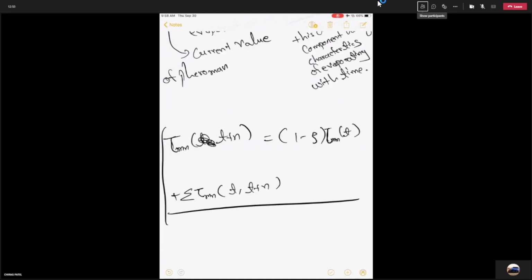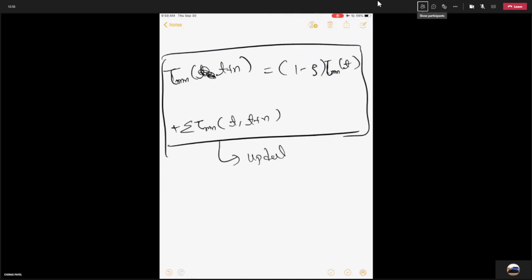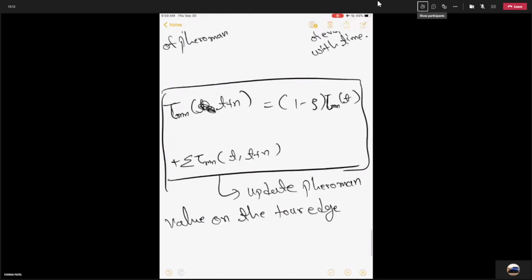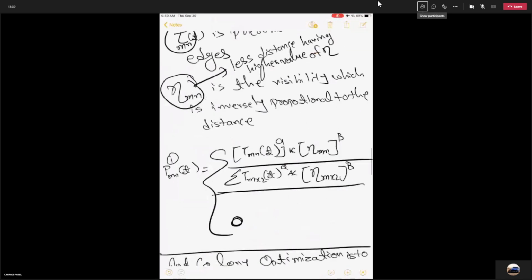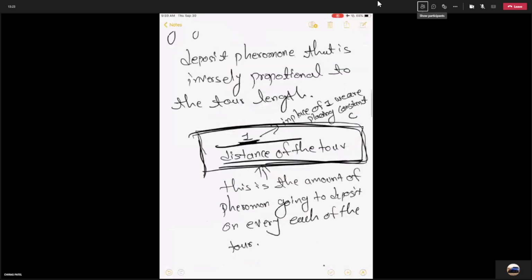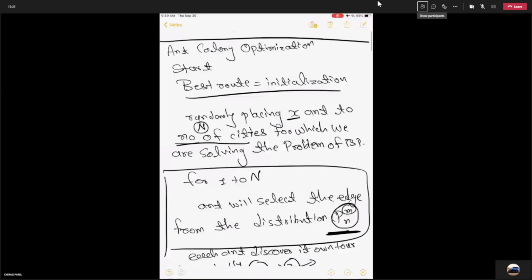This is the updated value on the edges, right? So this is exactly your updated value, because whenever we discussed the algorithm so far, this was the probability updating the path route. Okay, this is your algorithm.